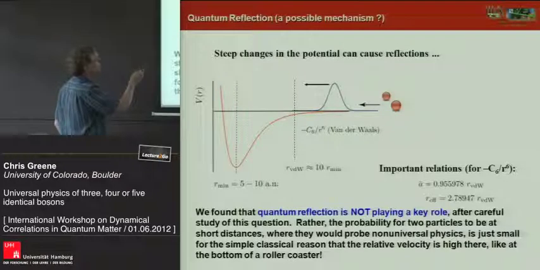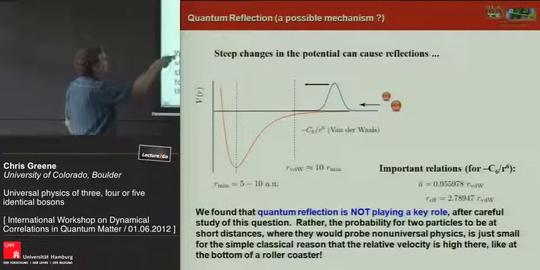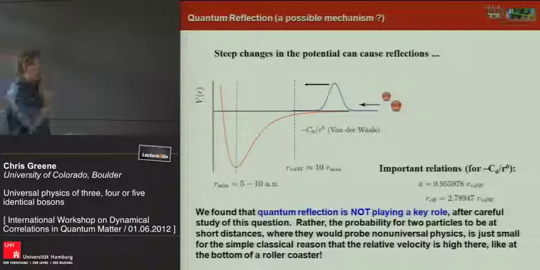The incident wave packet would turn around at this point instead of coming all the way in, turning around here and going back. It was really negligible. It never did that for this problem. So we basically ruled out quantum reflection, even though early on we thought maybe that was what was going on.